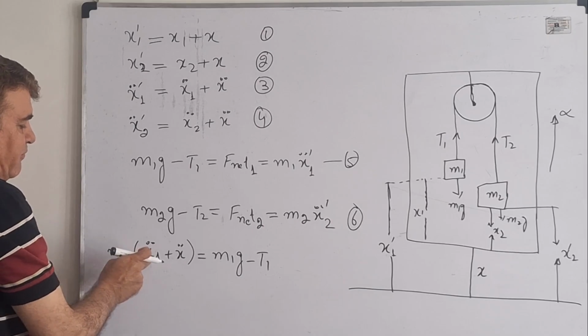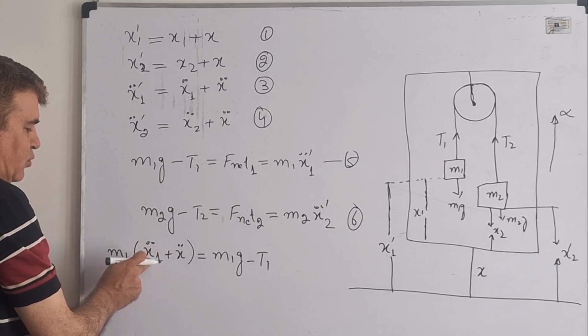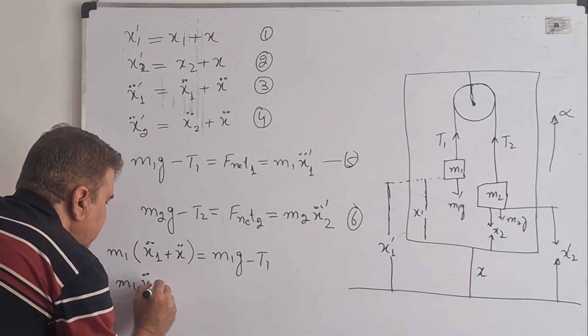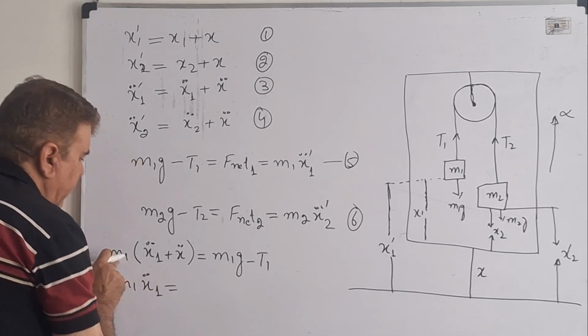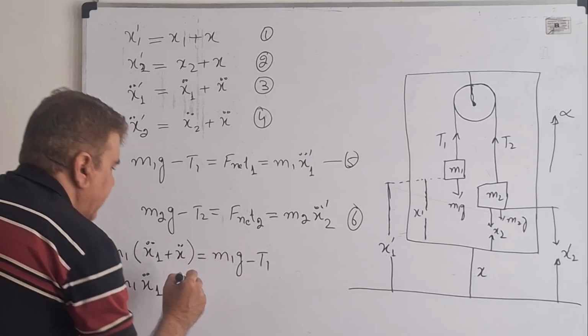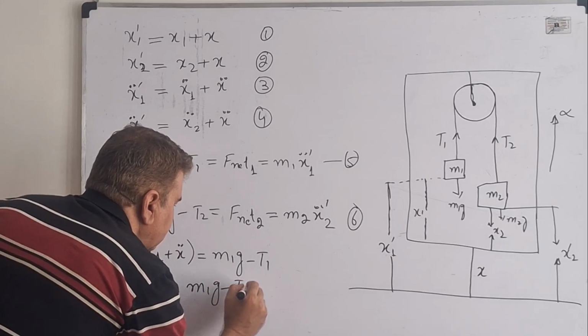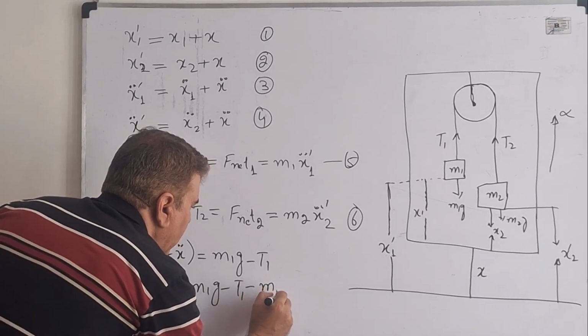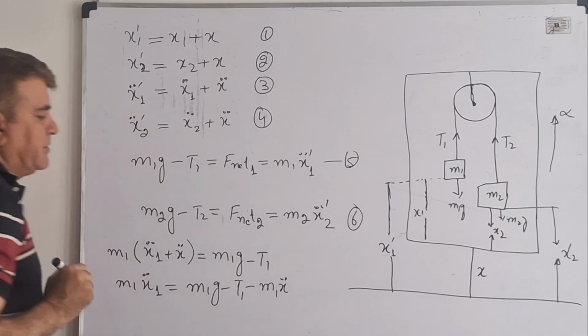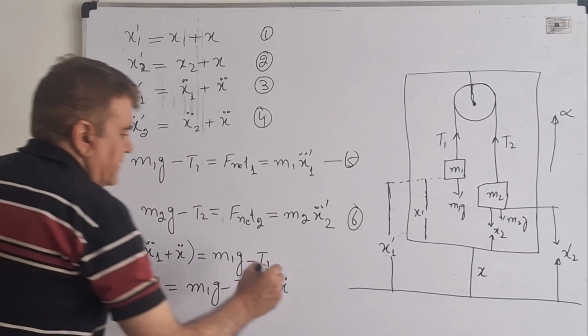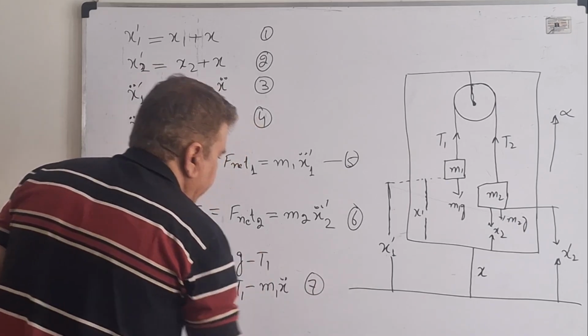And we are interested to find this acceleration, x double dot 1. So I can write m1 x double dot 1, taking this term to that side, equals m1g minus T1 minus m1 x double dot. I call this equation 7.